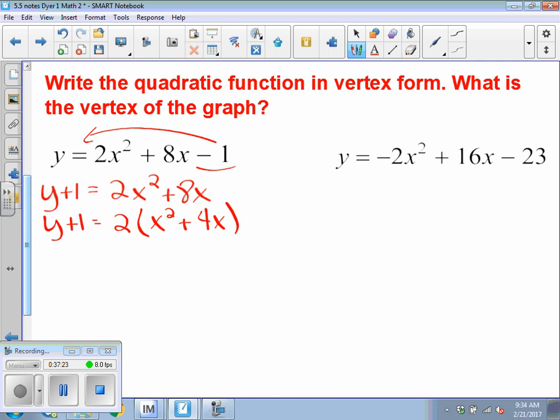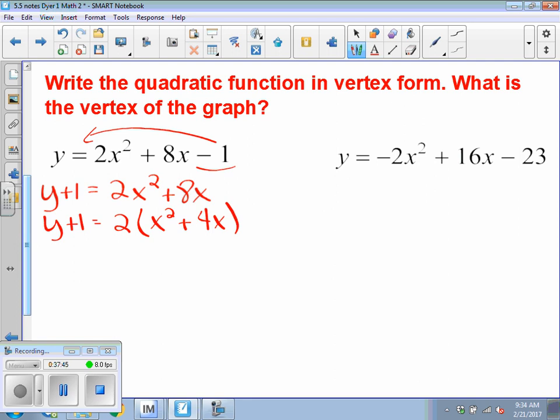Now notice, what I factored out is going to end up being what in my vertex form? That's a. What I factored out is a. Just recognize that.